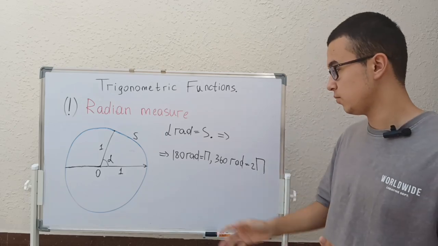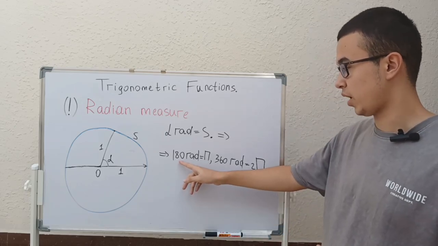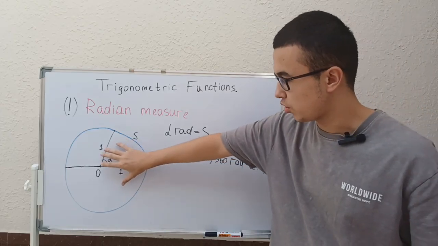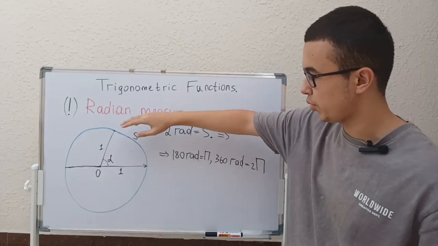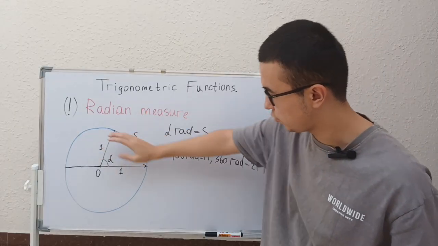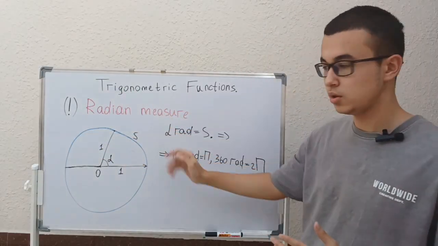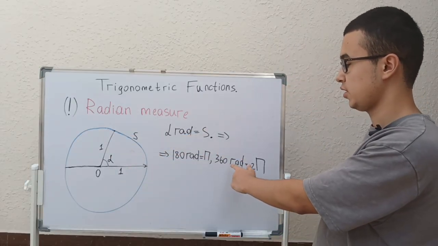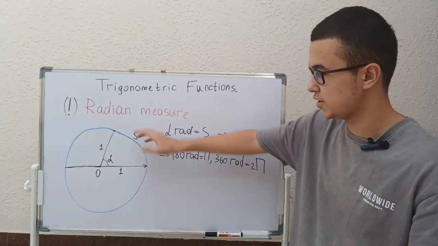So the radian measure of 180 degrees is pi, because the unit circle overall has length 2 pi, and 180 is just half of the circle, so it is 1 pi, and the radian measure of 360 is 2 pi, or the full circle.